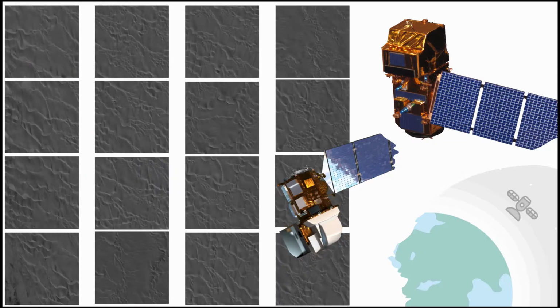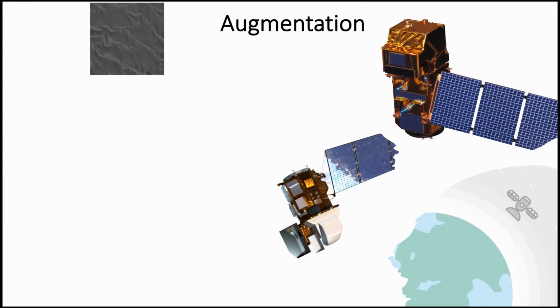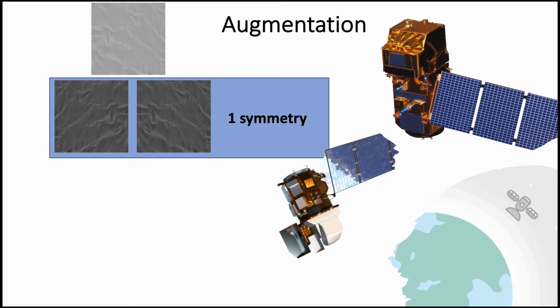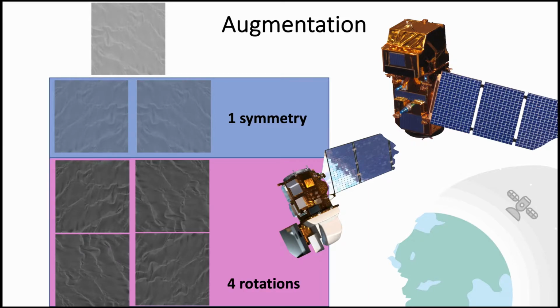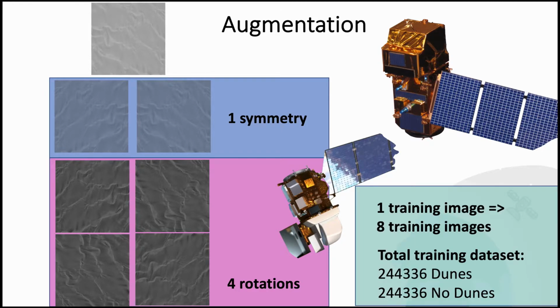And if we look at the training set, we can actually increase its size. The data augmentation that we have applied here, because we need to keep the geometry of the dunes the same and we need to be mindful of the direction of the wind, is relatively simple. For one image, we can first apply one symmetry, and each one of these images can also have 4 rotations, or 3 rotations plus the original image, which means that for each original image we obtain 8 training images.